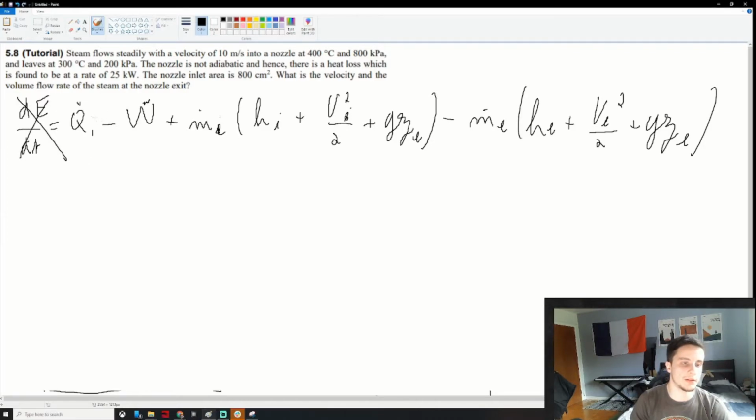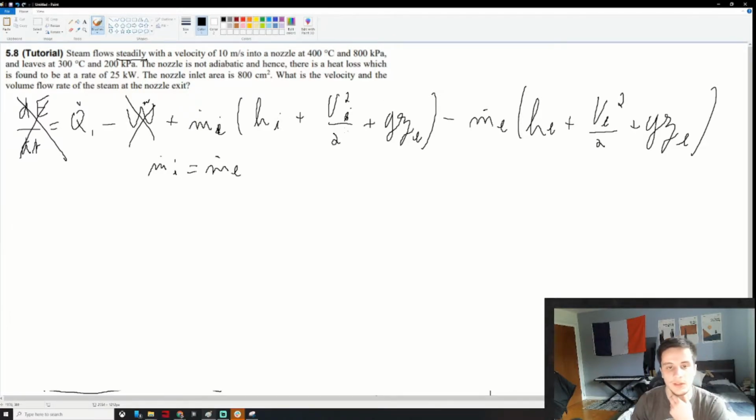No. Q, do we have it? Yes. Work, do we have it? No, we're not covering any distances. Mass flow rate, are we in steady state? Yep, steady. Steam flows steadily, just like I said here. So mass flow rate at the inlet is equal to mass flow rate at the exit.